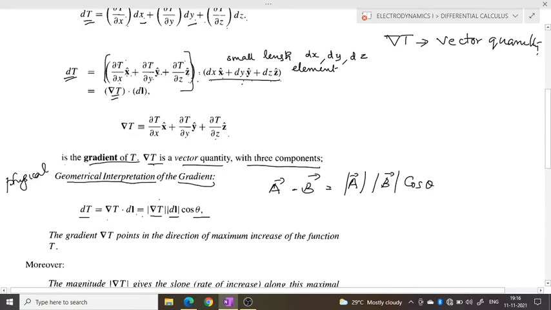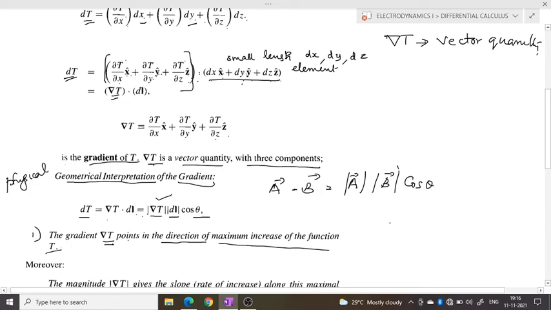So what is the magnitude of del t and what is the direction of del t? The first one says about the direction. The gradient del t, since it is a vector, has some direction. So del t points in the direction of maximum increase of the function.